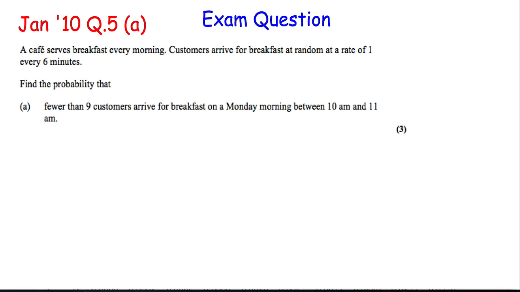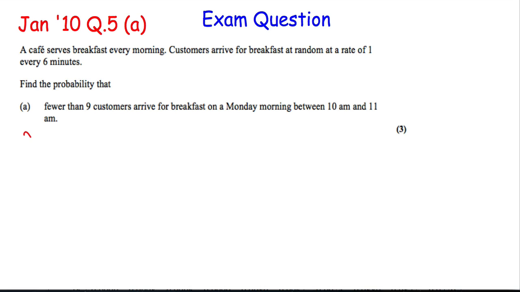Okay, another exam question. A cafe serves breakfast every morning. Customers arrive for breakfast at random at a rate of 1 every 6 minutes. Now that's our current rate. Find the probability that fewer than 9 customers arrive for breakfast on a Monday morning between 10 and 11 a.m. So if it's 1 every 6 minutes, in an hour we should have 10 people.